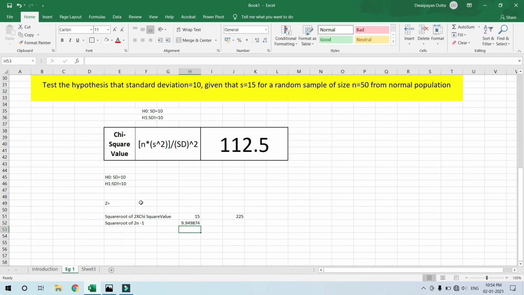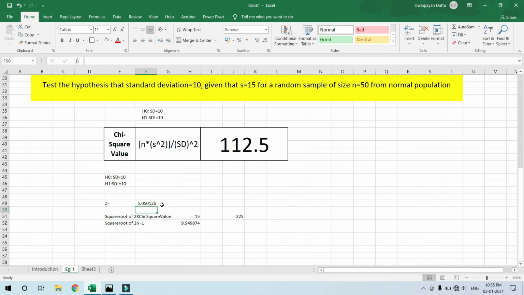Now what will be the z value then? It will be this one minus this one.